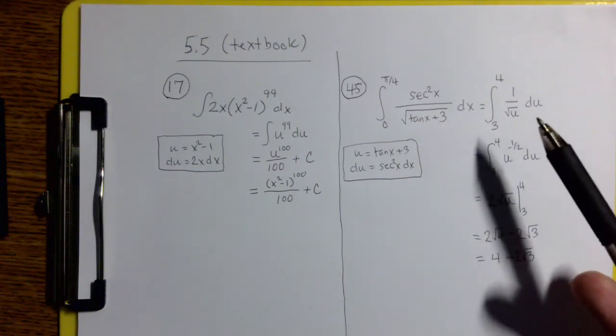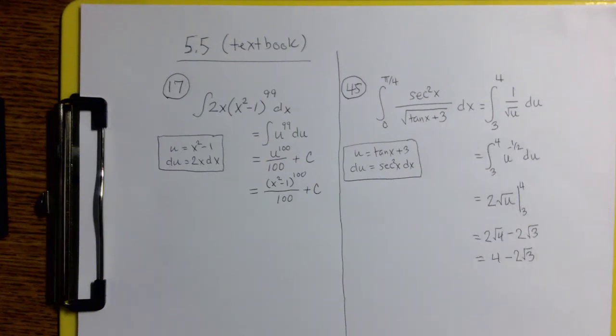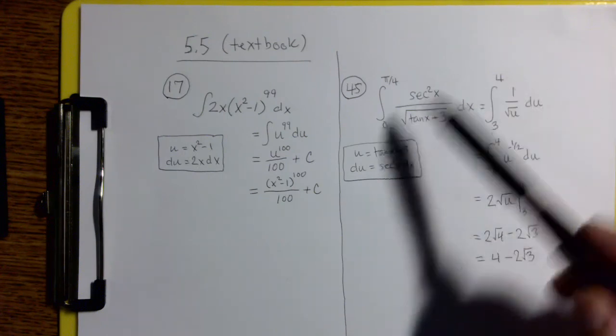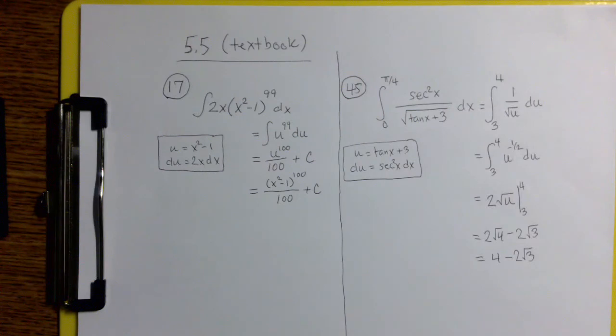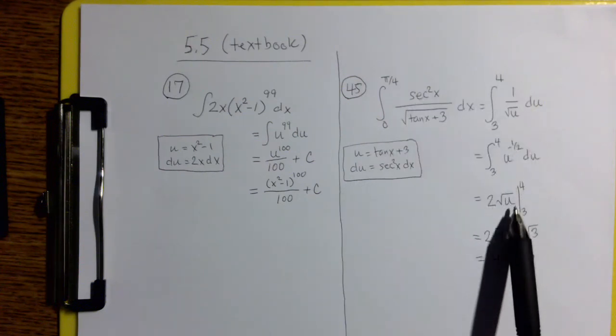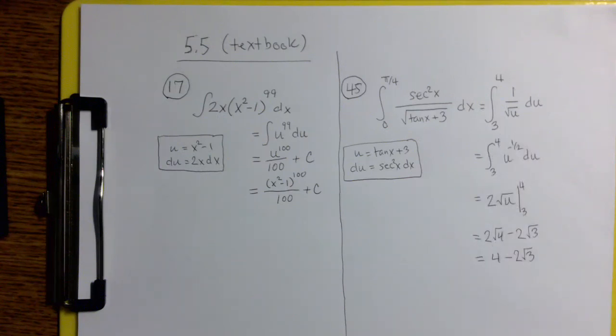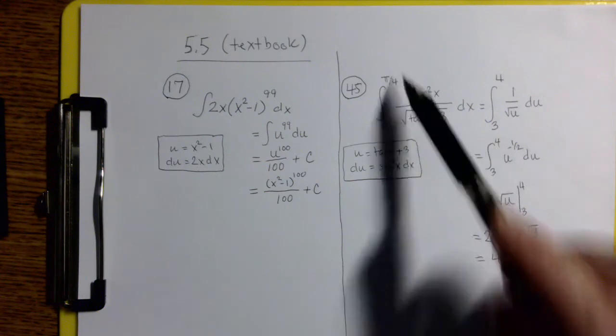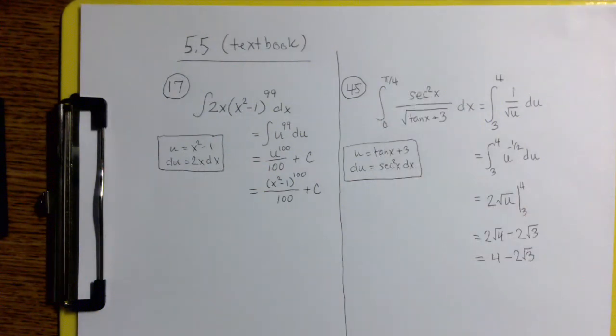So that was what allowed us to never go back to x. If you prefer, I don't necessarily recommend this, but it would technically be okay. In fact, I remember doing it this way when I was first learning this process. You can go through to this point, go back to x and use the original limits of integration. That'll give you the same answer.